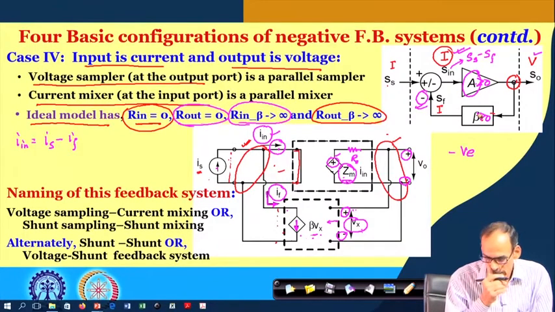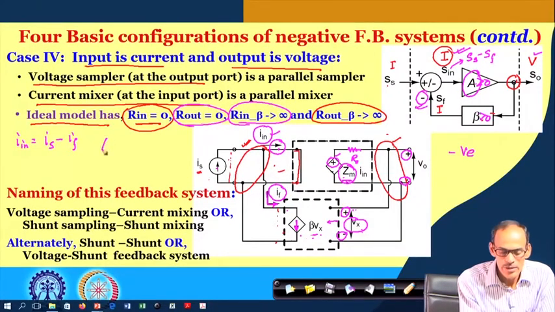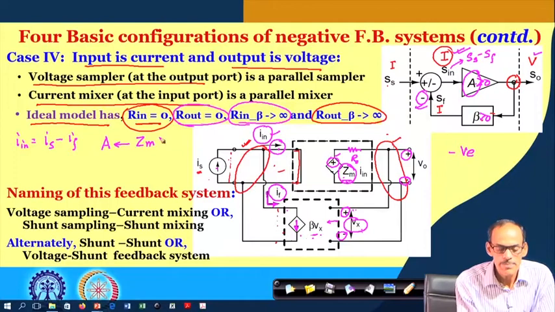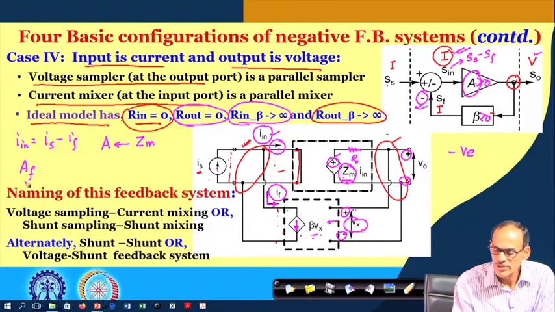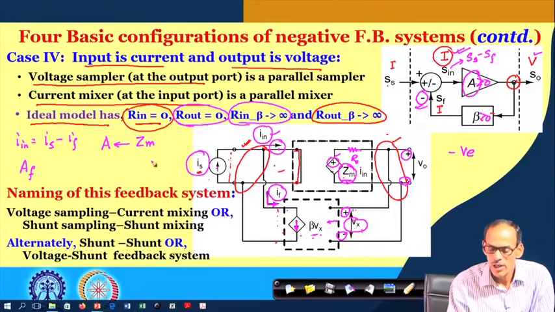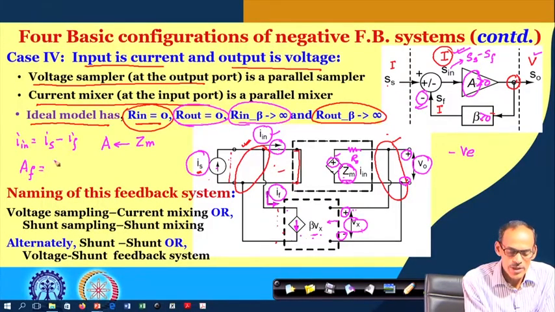Now, with this we can say that in this case A should be replaced by transimpedance Z m, and the overall feedback system transfer function from I s to V o, which is A f, so V o by I s.